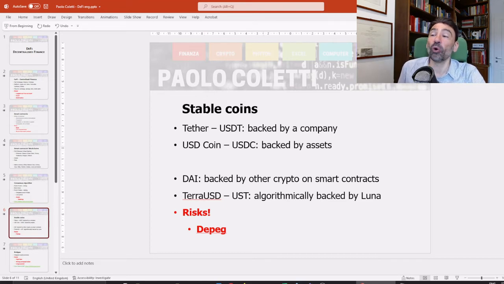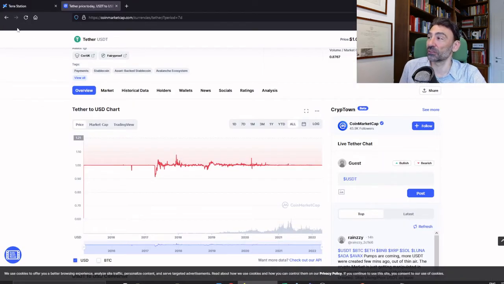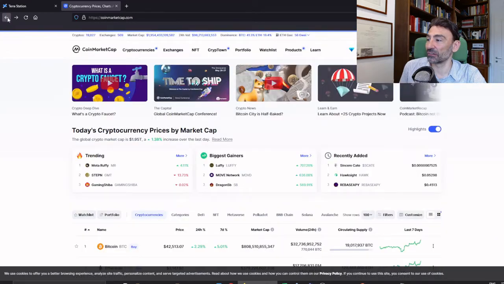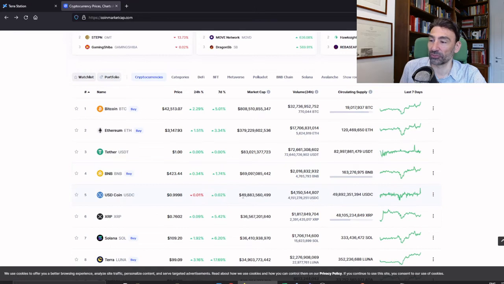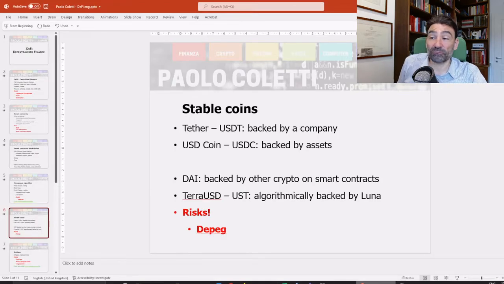And they are audited regularly, so people consider it more trustworthy. Despite this, you can see Tether is here with 83 billion, USDC has 49 billion, half of Tether's circulating supply.